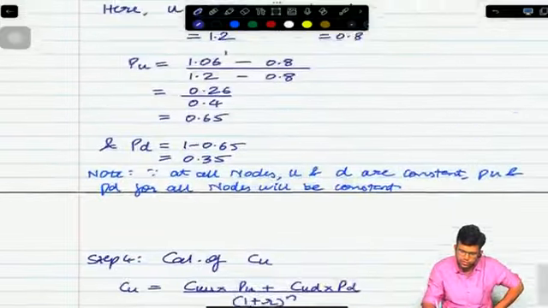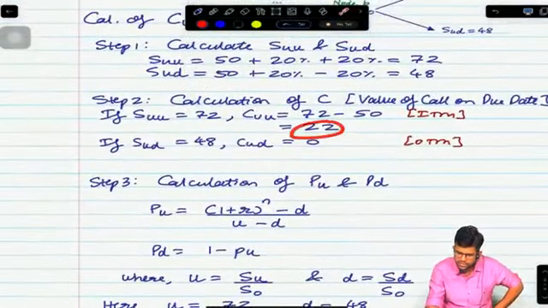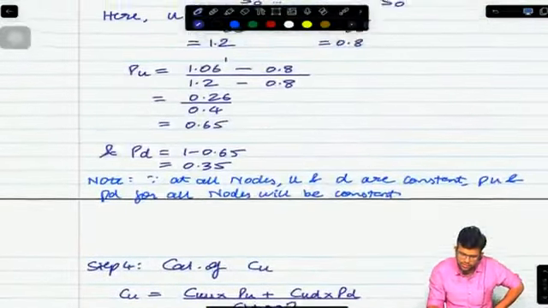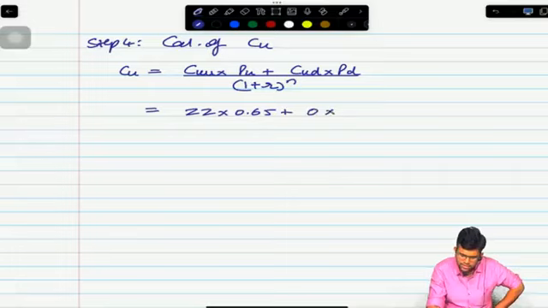CUU was how much? 22. Can you see this number? 22. Everyone there? And the other one is 0. And the probabilities are 0.65 and 0.35. Okay, so I'll write here 22 into 0.65 plus 0 into 0.35, the whole divided by 1.06.